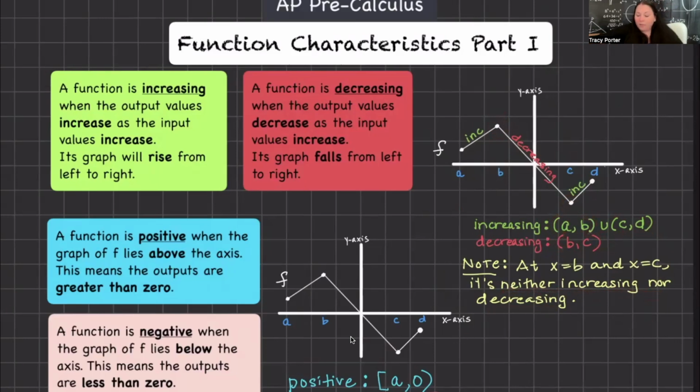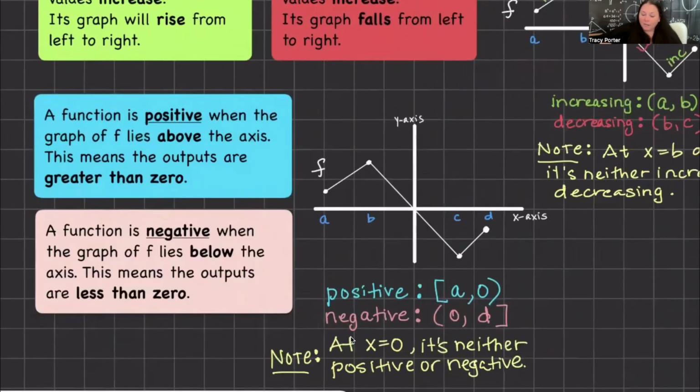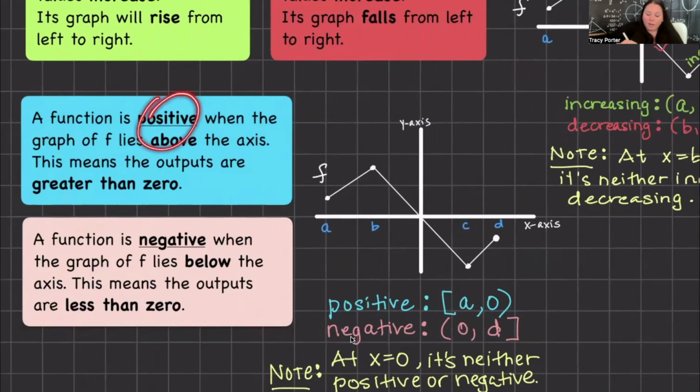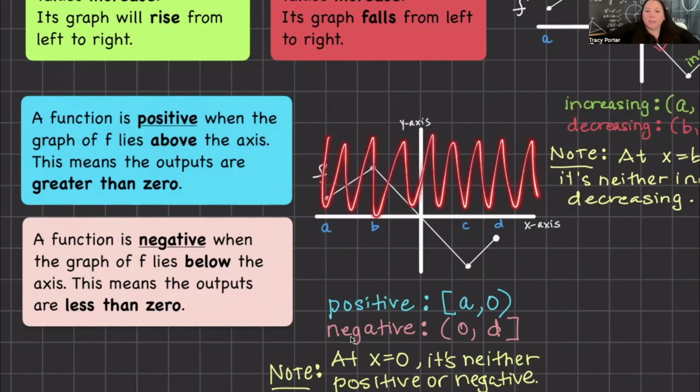Now, the next concept here is going to be when is it positive versus negative, talking about the function. So once again, this is the graph of our function f, and we just want to know when is the function positive. So it's positive if it is above the x-axis. All right, above the x-axis would be anything in this region, right?